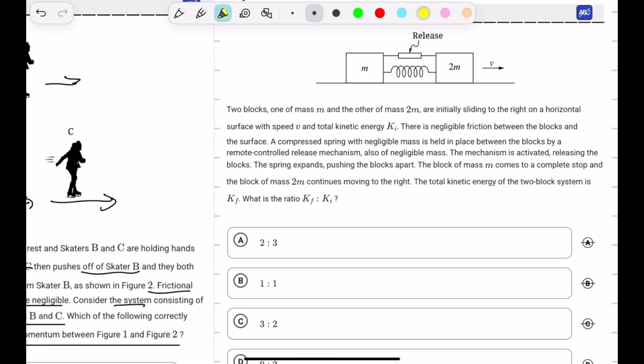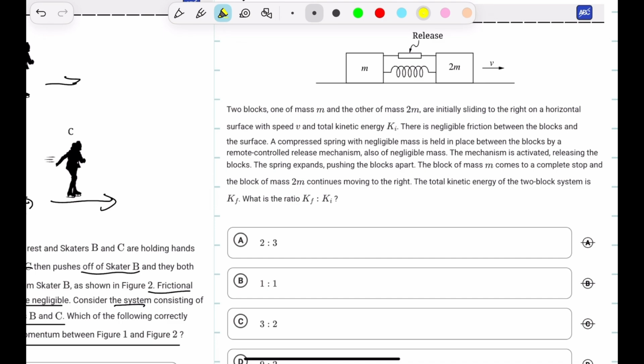Two blocks, one of mass m and one of mass 2m, are initially sliding to the right on a horizontal surface with speed v and total kinetic energy k initial. There's negligible friction between the blocks and the surface. A compressed spring of negligible mass is held in place between the blocks by a remote-controlled release mechanism, also of negligible mass. The mechanism is activated, releasing the blocks.